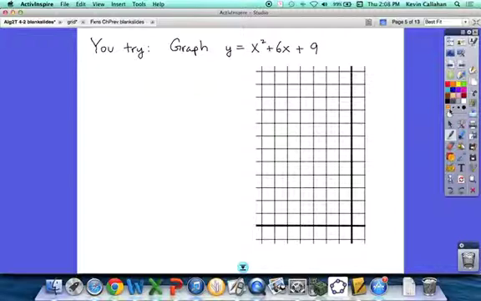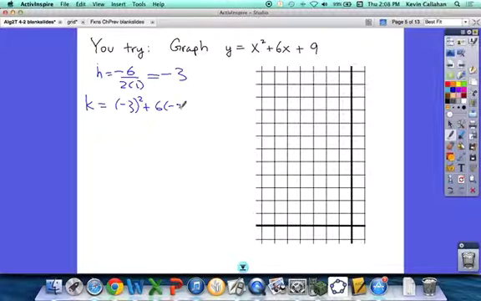So do we all get to the point where we said h is negative 6 over 2 times 1, right? Which is negative 3. And what was the k? Okay, k, you plugged in negative 3 squared plus 6 times negative 3 plus 9, which was 9 minus 18 plus 9, which was 0.